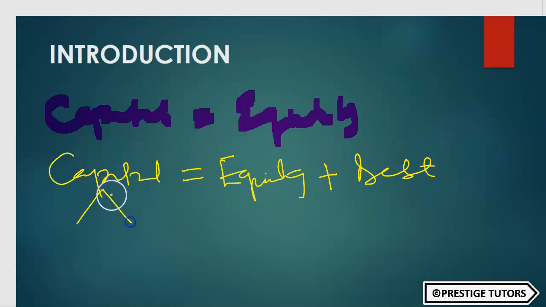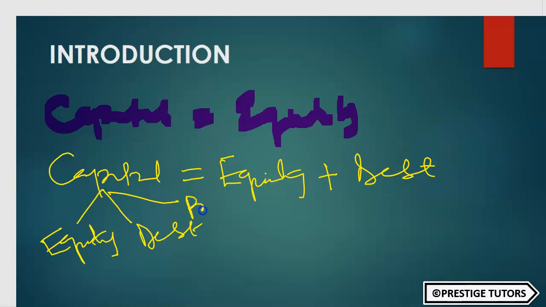First semester, we just got a figure: capital is 10 million. But in this semester, we are going a step further to say my capital can be made up of equity, debt, and preference capital. So which of these three do I use in my business, and what is the percentage of each of them?